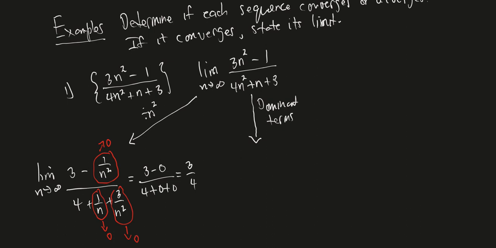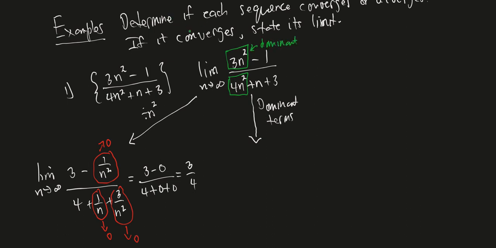And in this rational sequence, the dominant terms would be the 3n squared and the 4n squared. Then, I mean, the minus 1 doesn't even change. And even though this n changes, n squared, as n gets very, very large, is much, much bigger than n. So these are what we call dominant terms.